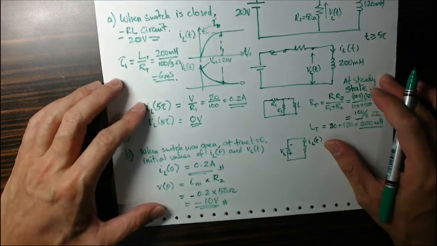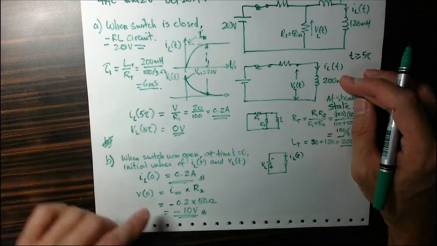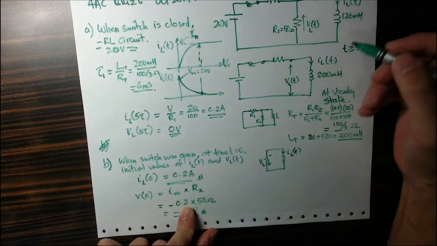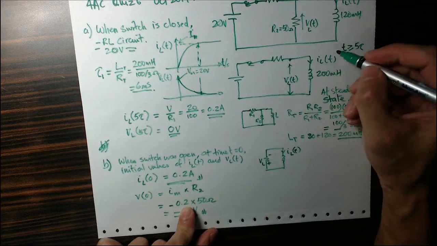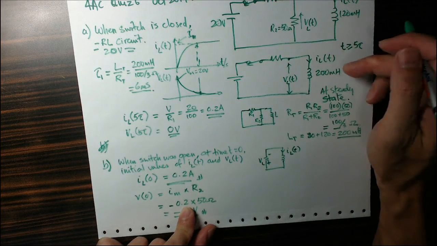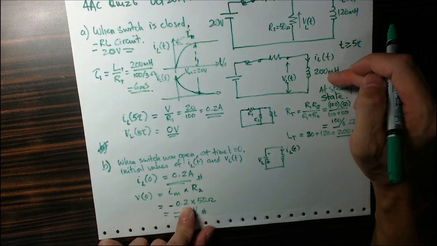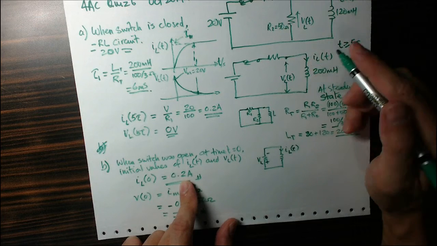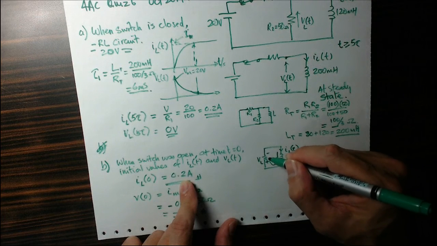Please take note that an inductor has this very unique characteristic: when the switch is opened, the inductor's first reaction is to keep this current going. Whatever was the maximum current was then carried through to here. But now this current is flowing through an effective loop this way.